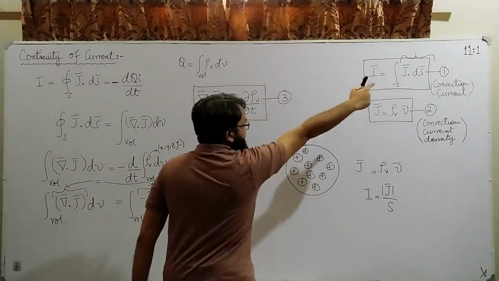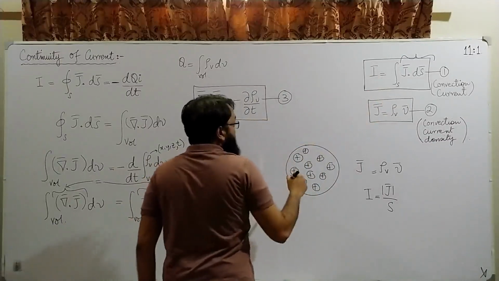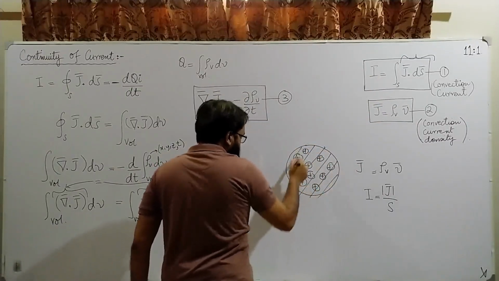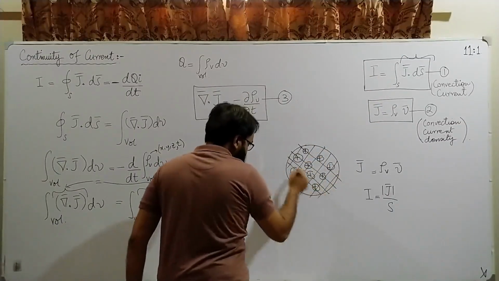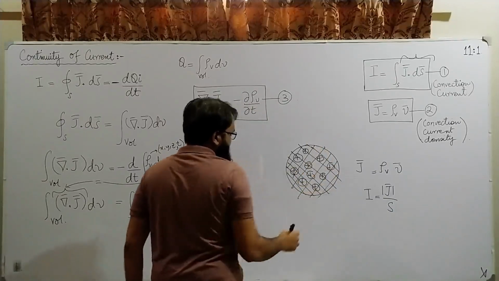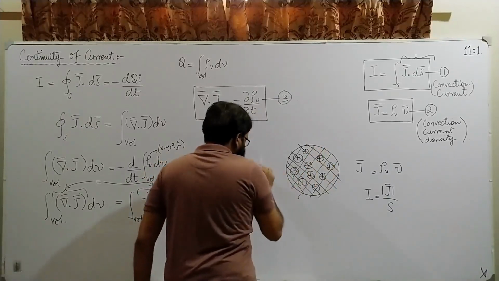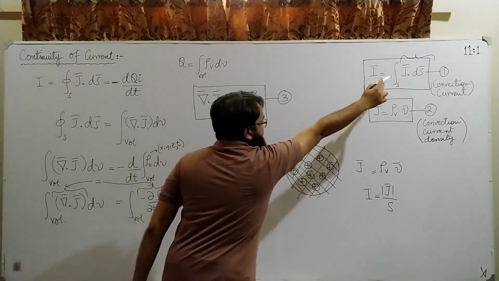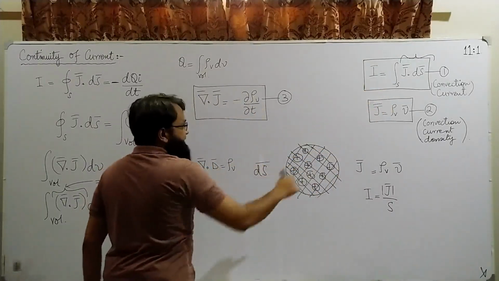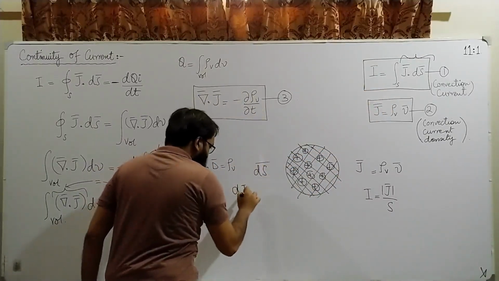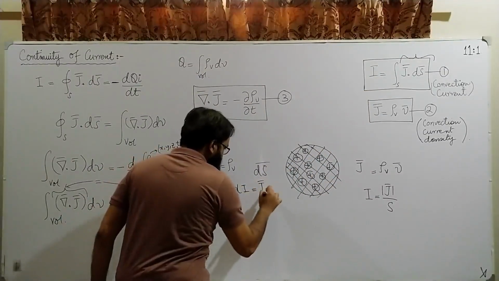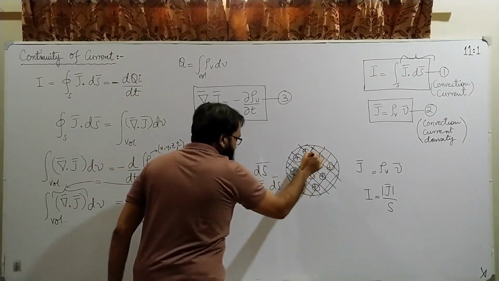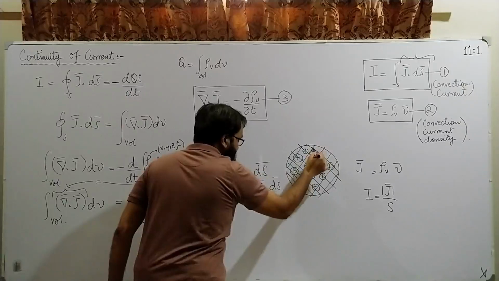So in essence, the integrand in equation 1 asks us to divide this cross-sectional area into differential surfaces, where each surface is so small that it can be treated as a point, and this J dot ds gives us the differential amount of current which is passing through any differential surface area.